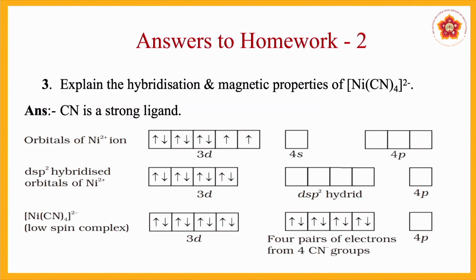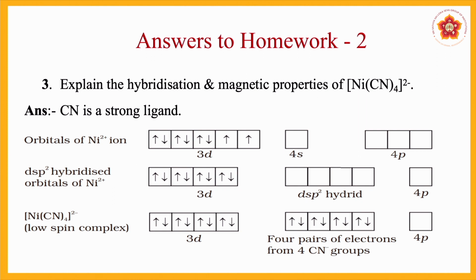Third one, explain the hybridization and magnetic properties of [Ni(CN)4]2-. Nickel atomic number is 28. The oxidation state of nickel here is +2, and that is why you get it in 3d8 form. The 2 unpaired electrons which were there in Ni2+ are forced to pair because CN is considered a strong ligand.